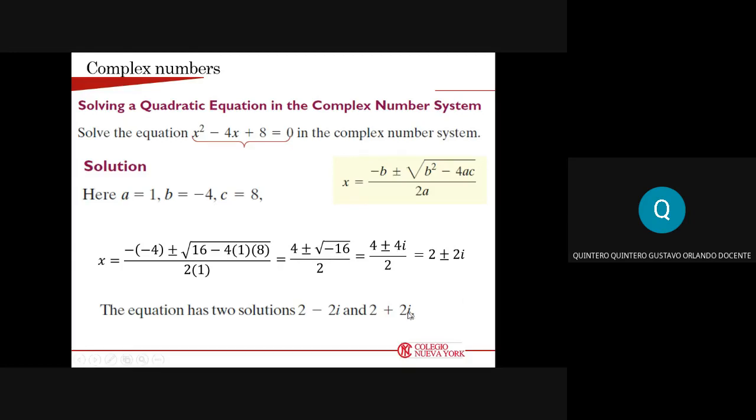They are the conjugate of each other. 2 minus 2i is the conjugate of 2 plus 2i, and 2 plus 2i is the conjugate of 2 minus 2i. They are the conjugate of each other, and that will always, always happen in the complex number system. How beautiful is this?